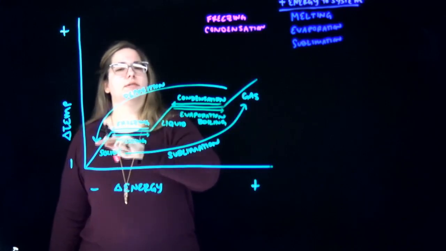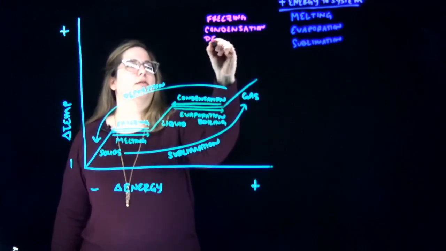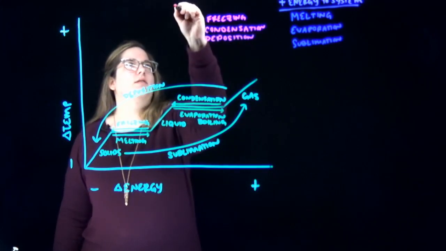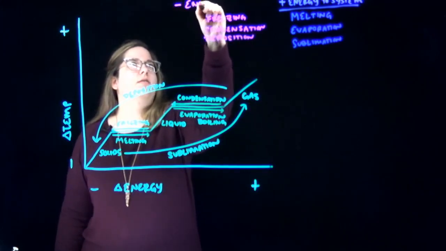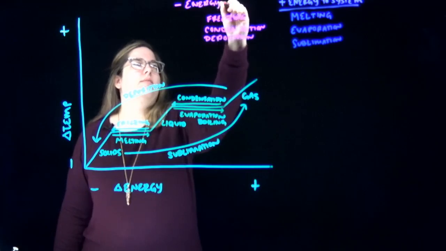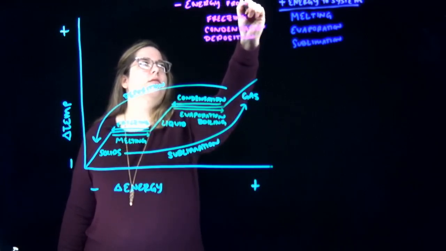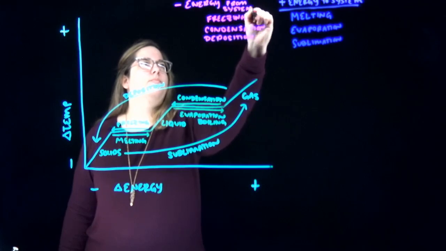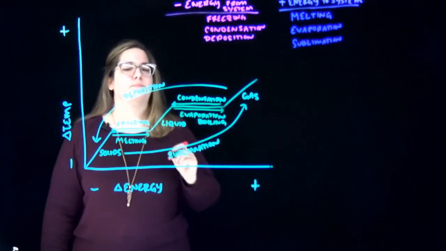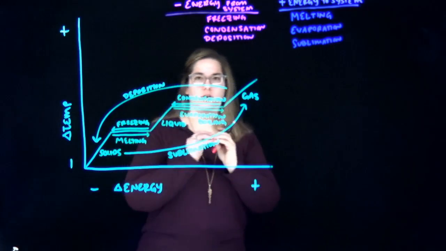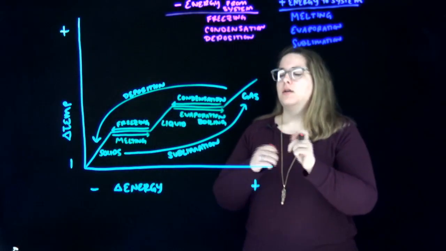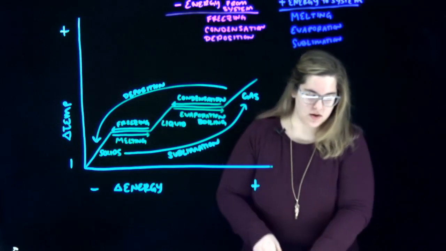And the other one that moves this way across the graph is deposition. And these are all subtracting energy from the system. Our molecule of water or so is our system.